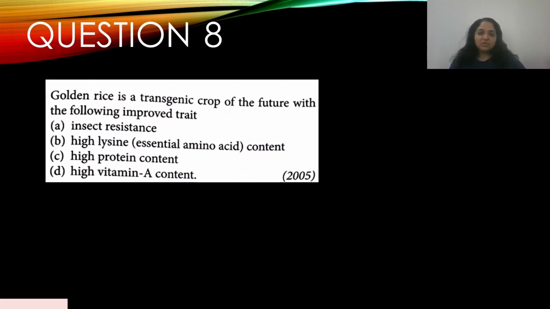Question number 8. Golden rice is a transgenic crop of the future with the following improved trait, this appeared in 2005, A. Insect resistant, B. High lysine essential amino acid content, C. High protein content, D. High vitamin A content. So the golden rice transgenic crop was produced to counter the deficiency of vitamin A, so to produce high vitamin A content.